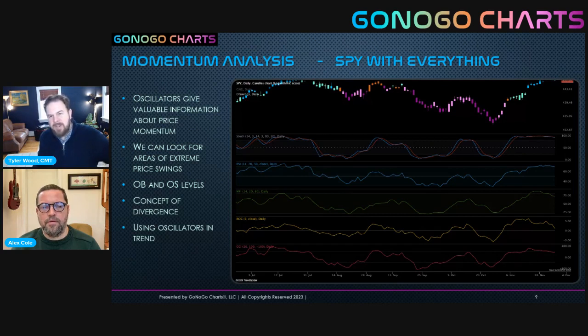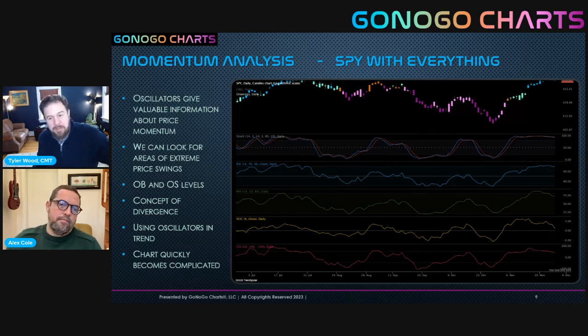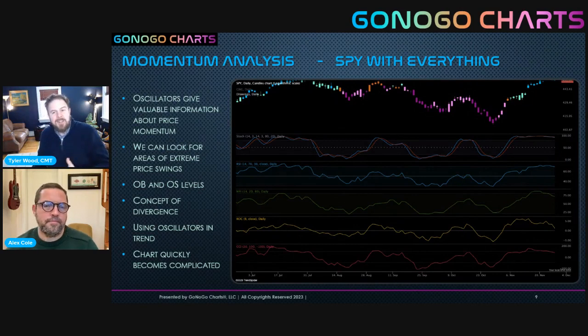The problem is now we're consolidating our price panel and we're looking at data that could often be redundant or even contradictory. Here we see ROC, the rate of change, really topping over, showing us a divergence that we're not seeing in some of the others. So it adds subjectivity when these multiple indicators don't necessarily always agree with each other.